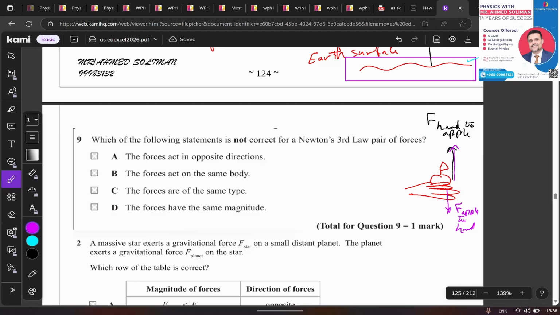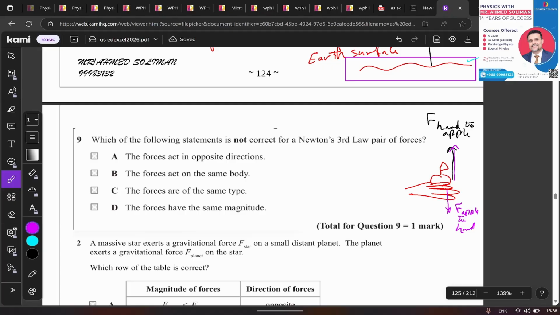You have to use the same type of forces. The hand pushes the apple upward, but the weight is gravity, and pushing is another type of force, so we can't use these terms together. When I ask what is the action and the reaction, you have to use the same type of forces.